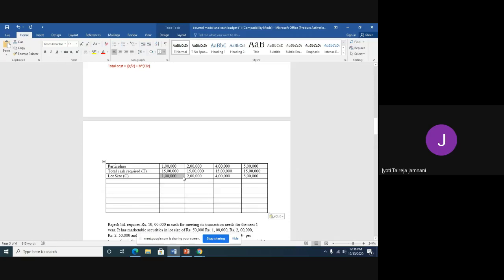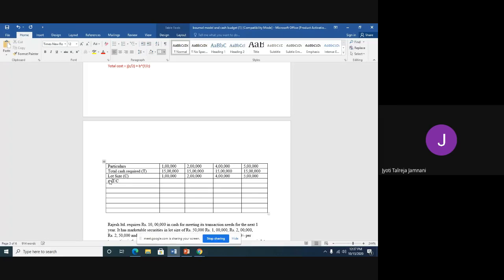Now to find the number of transactions, we need to do T by C. So 15 lakh is the value of T, and what we get by T by C is the number of transactions.